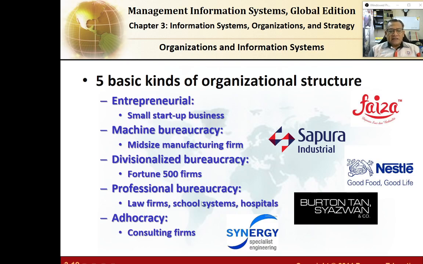This is normally like a consultancy firm, like law firms, school systems and hospitals. The fifth basic kind of organizational structure is basically adhocracy, for example a consulting firm that consults project to project.